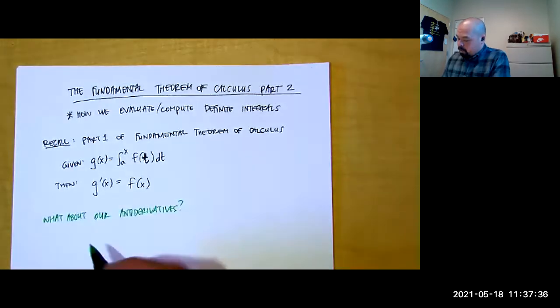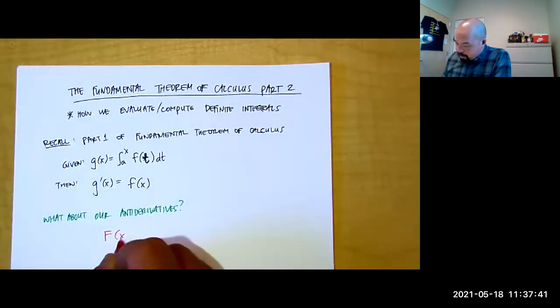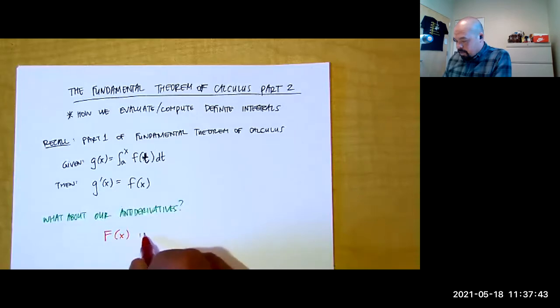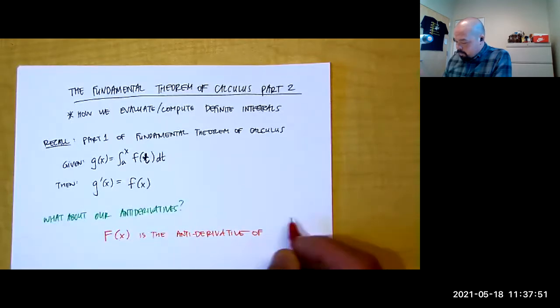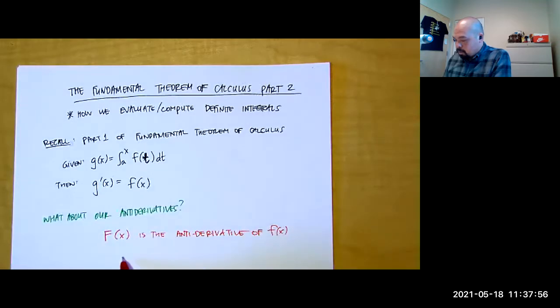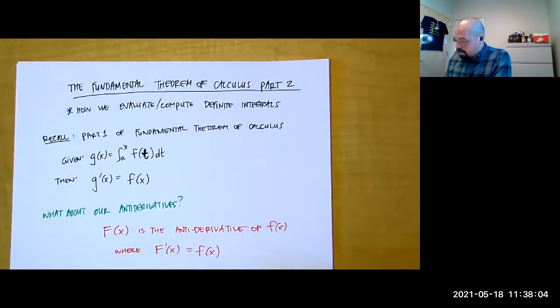So remember, this capital F of x is the anti-derivative of f of x, where when I took that derivative of capital F of x, we got that function f of x.